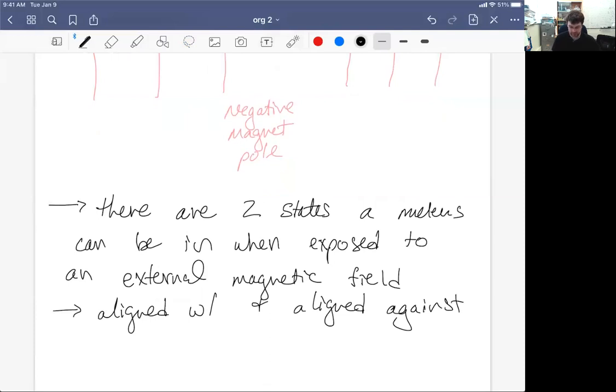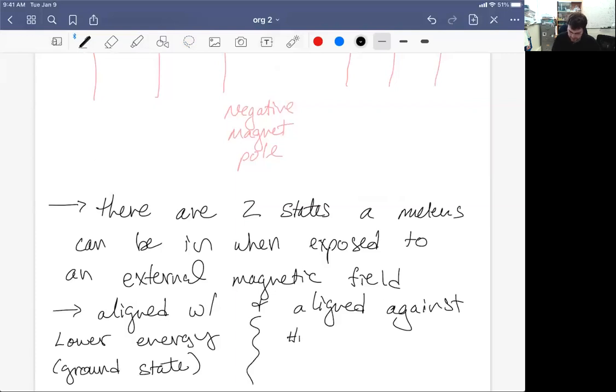Now, what's cool about this is the aligned with state is lower in energy, and we could call this our ground state. The aligned against is higher in energy. And so if it's higher in energy relative to our aligned with state, we could call this an excited state. That's a great way to think about what's happening.